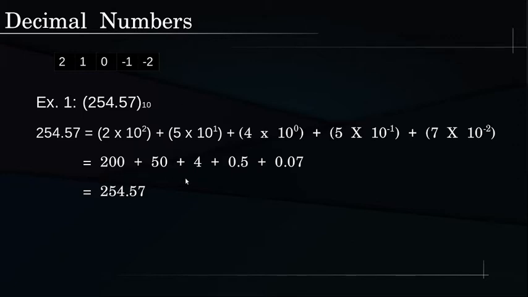If we add all these values, we get 254.57. We end up with the same number. So we can express this number in this form, and we end up with the same number.